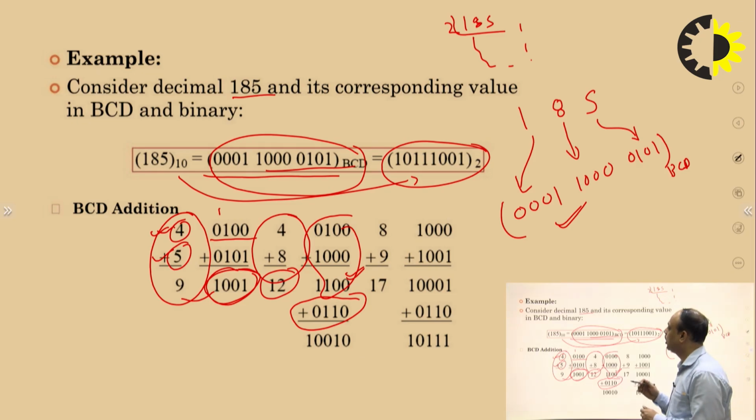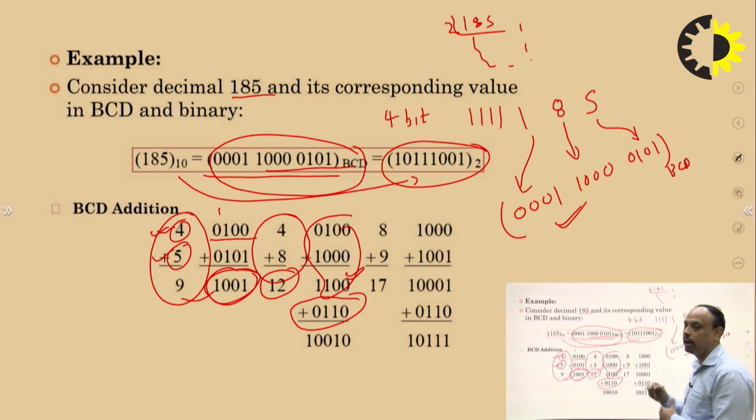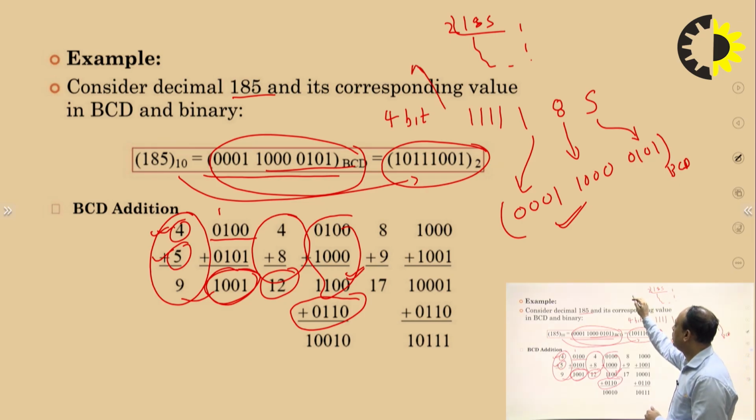The reason is that with the help of 4 bits, we are able to represent up to the number 1111. But in BCD, we are only representing up to 9, that is 1001.